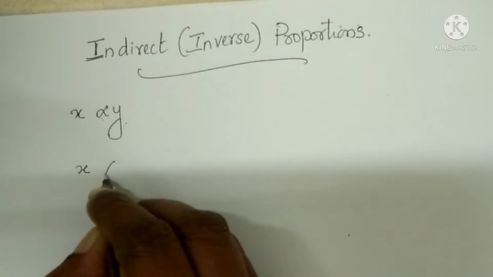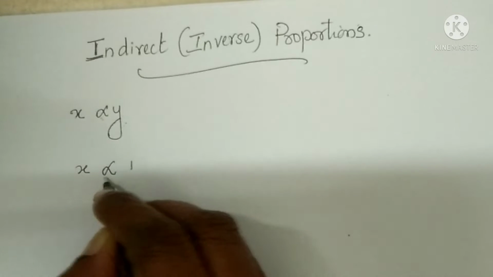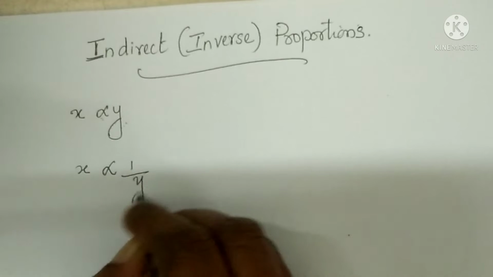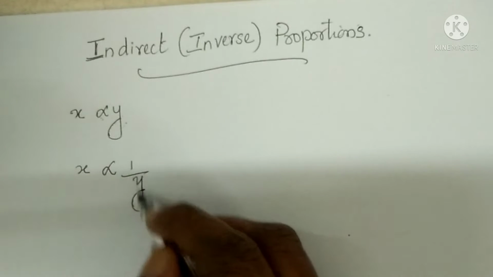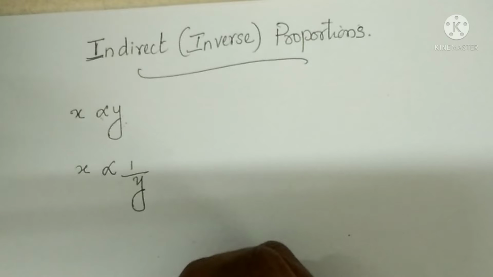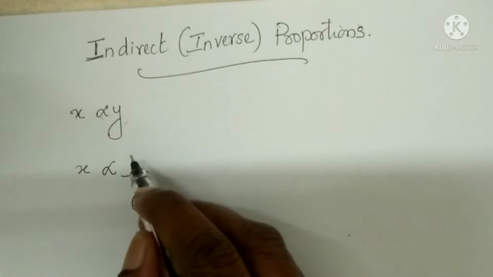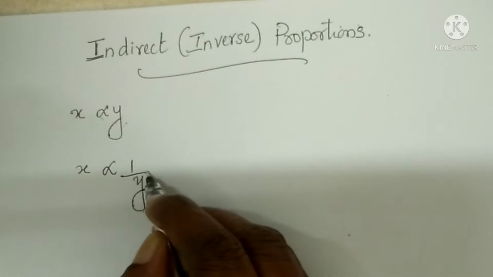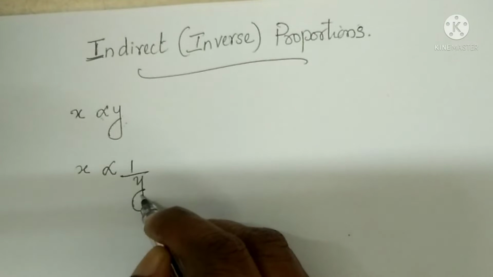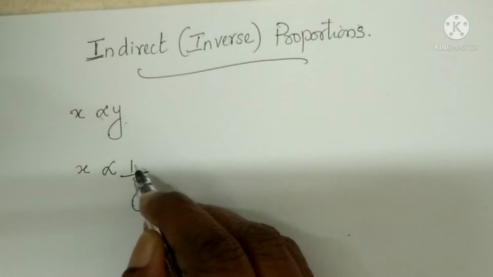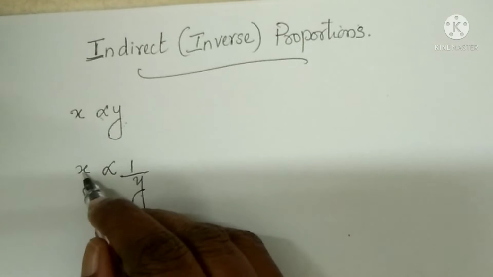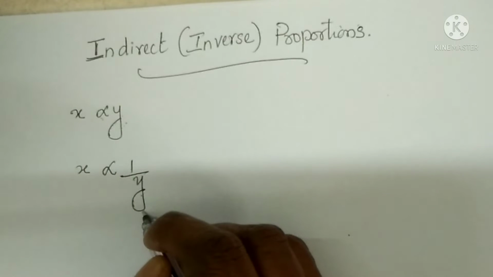That is, x is proportionate to the inverse of y. Here 1 upon y is the multiplicative inverse or reciprocal of y. See here 1 upon y. So as y increases, 1 upon y decreases. So x is inversely proportionate to y.